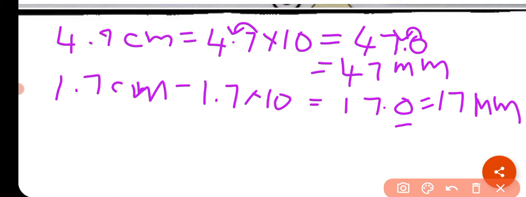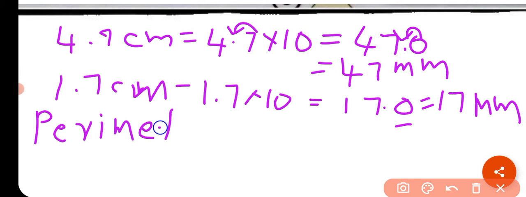Next we have to find the perimeter. Here the two lengths are equal. Two opposite lengths are equal, which is equal to 4.7 centimeter. So to find the perimeter, you have to write 47 two times and 17 two times.